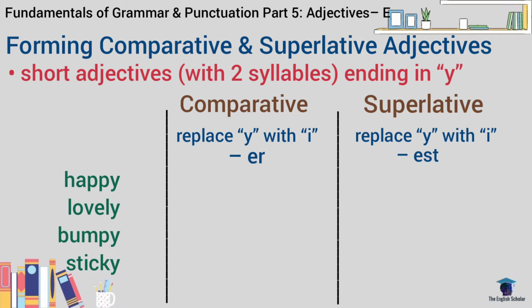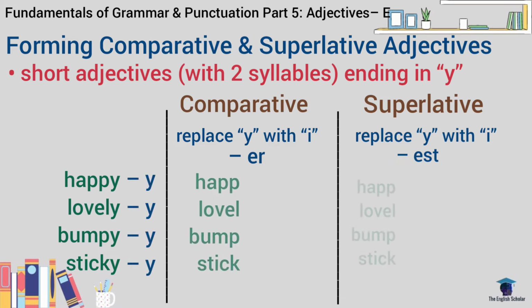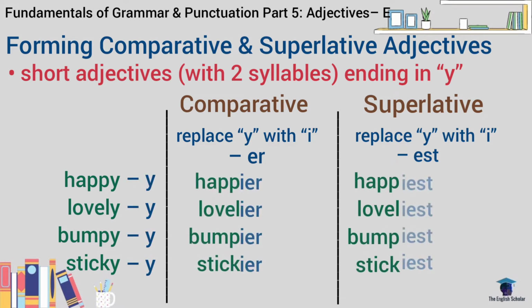If you notice, they all end in letter Y. So, from happy, it turns into happier for comparative and happiest for superlative. And then lovelier, loveliest, bumpier, bumpiest, stickier, stickiest.